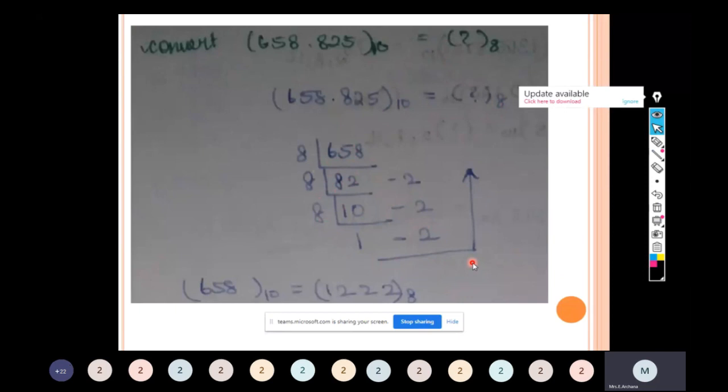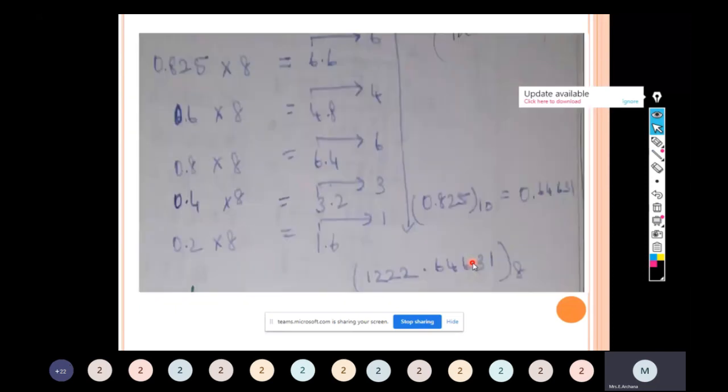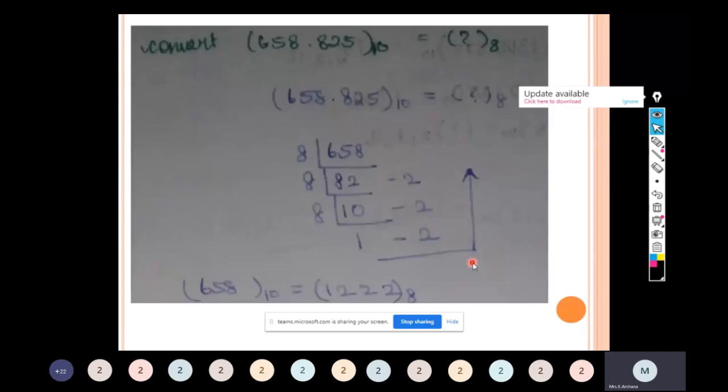This is the problem based on decimal to any radix. We can call it as decimal to octal number system also. This is the problem based on decimal to octal number system. So here we are having two parts, integer as well as fraction.